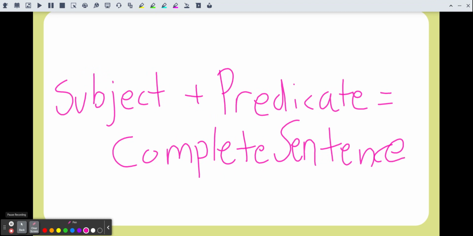So if you have just a subject, do you have a complete sentence? No. What if you have just the predicate? Do you have a complete sentence? No. What do I need in order to have a complete sentence? Both subject and predicate. Correct.